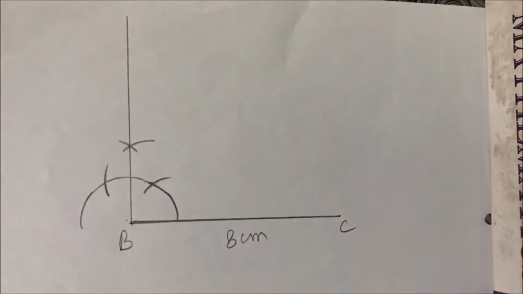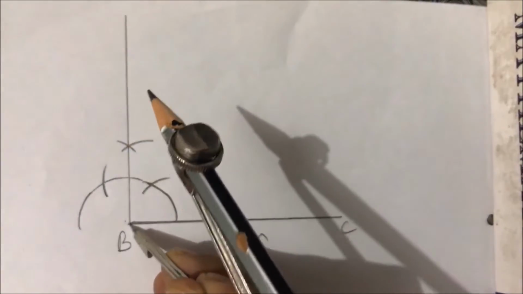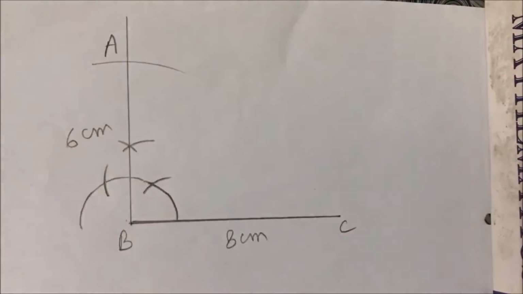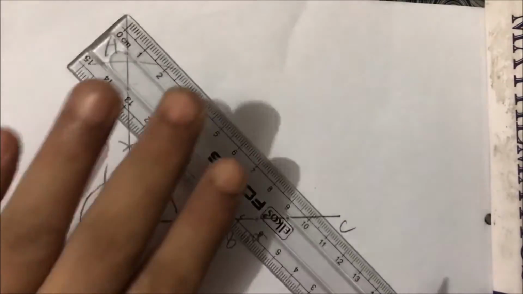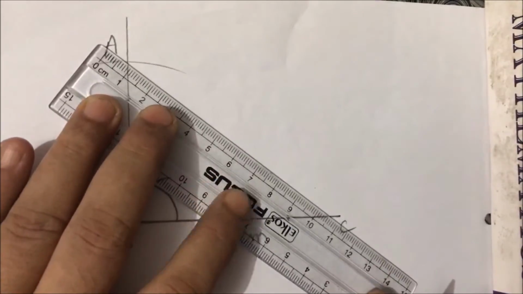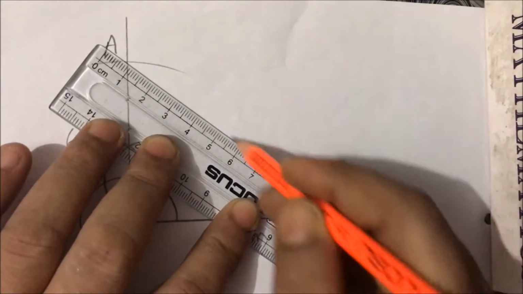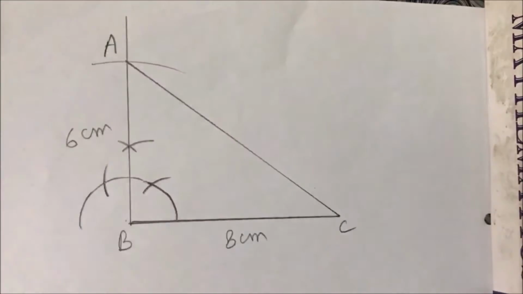Then with B as center and radius equal to 6, draw an arc. Name this vertex as A. AB is 6 centimeter. Join A to C. So ABC is right angled at B.